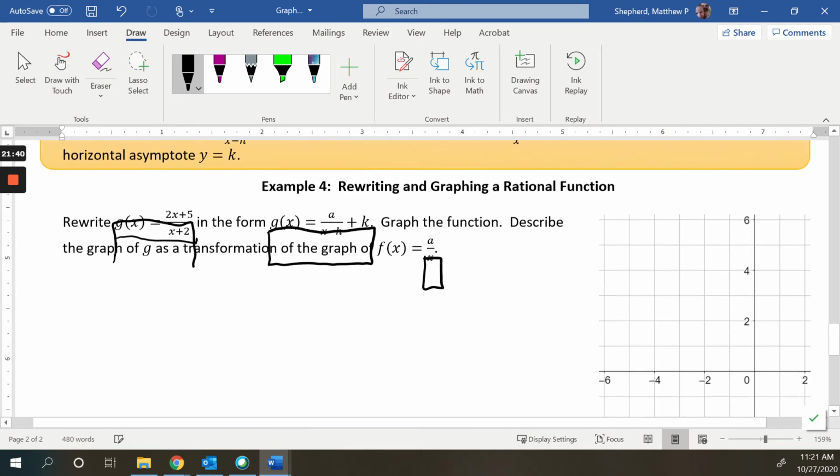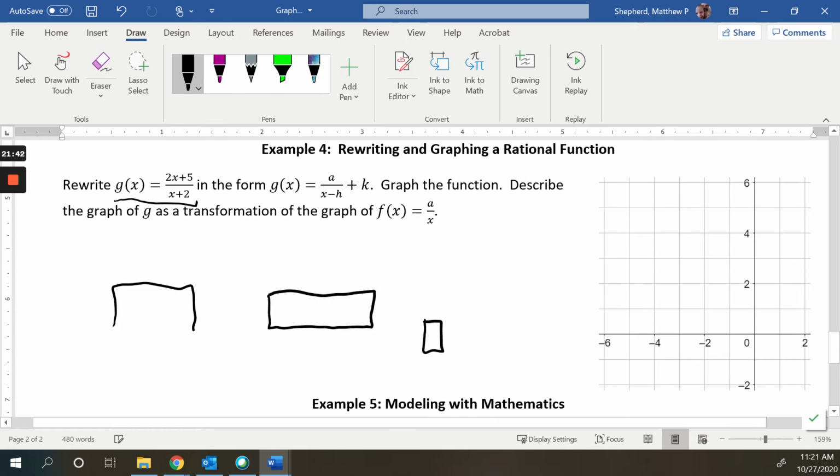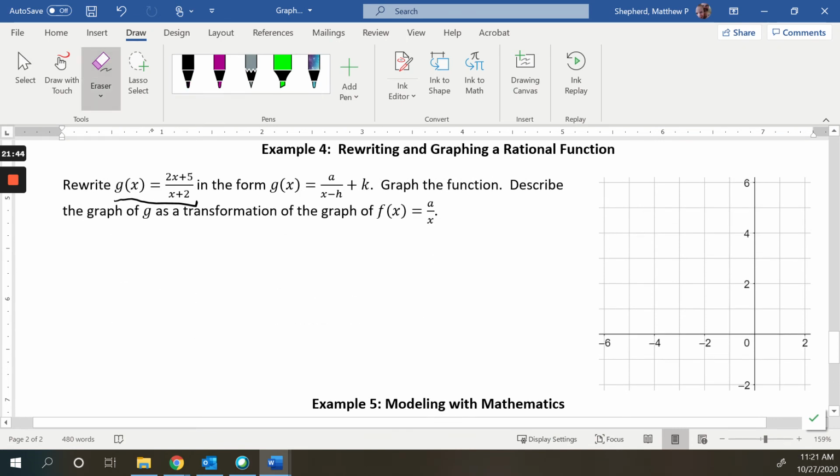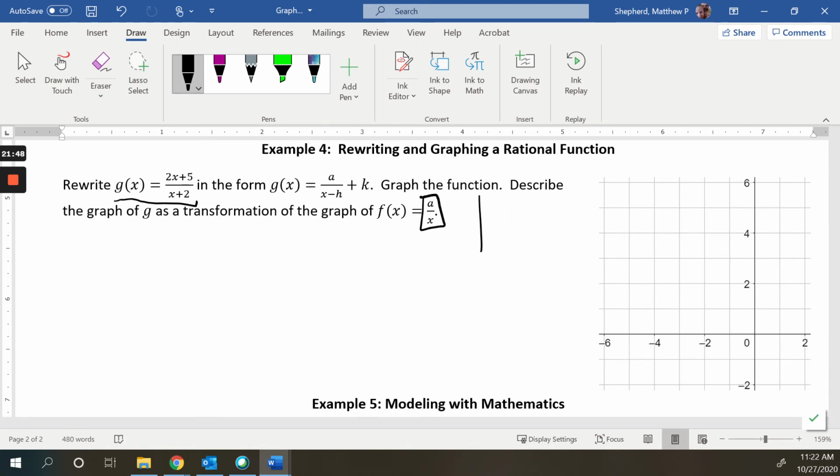Okay. Now, one thing to keep in mind as we do this is that when we did this most basic function, it always had the asymptotes being where x is 0 and y is 0. So we're going to want to pay close attention to how those asymptotes change based on our new graph.